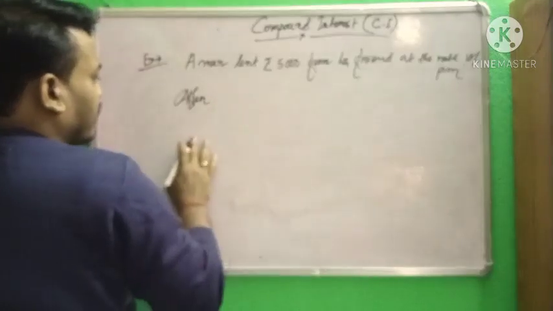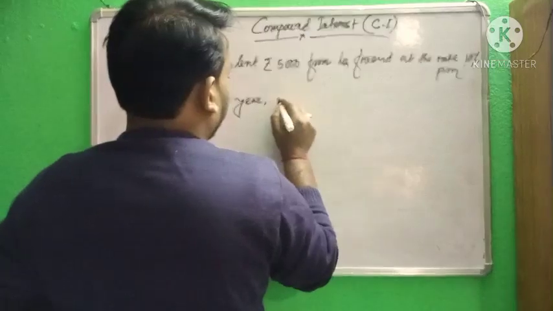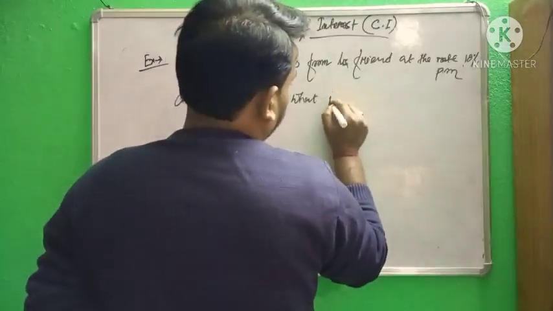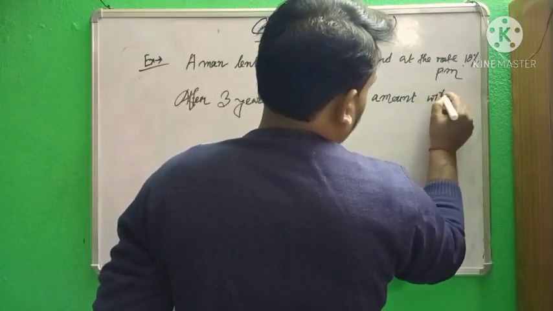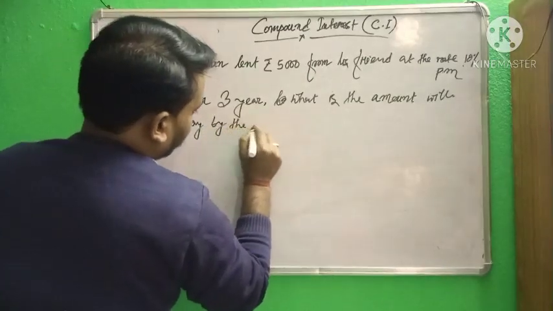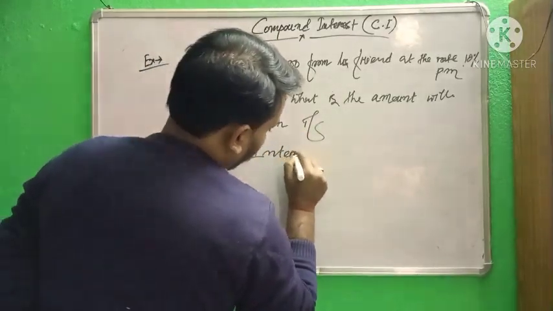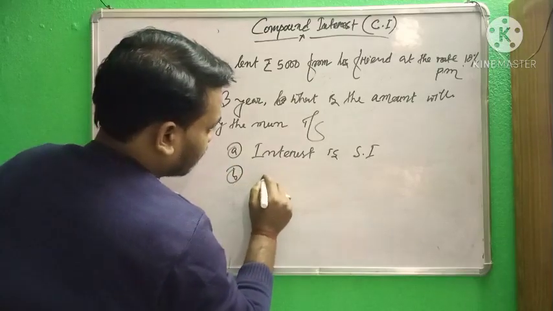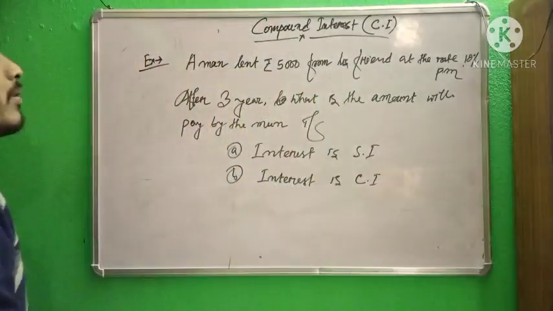After 3 years, what is the amount that will be paid by the man if (a) the interest is simple interest, and (b) the interest is compound interest? Okay. So what is the question?